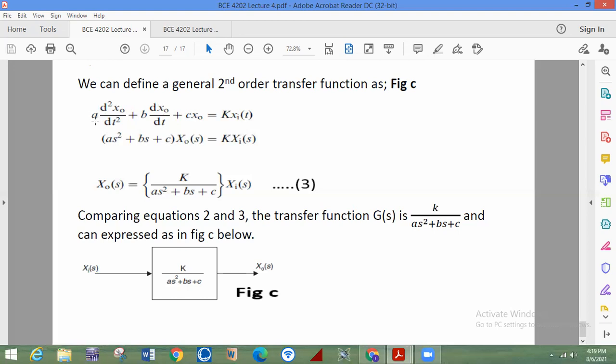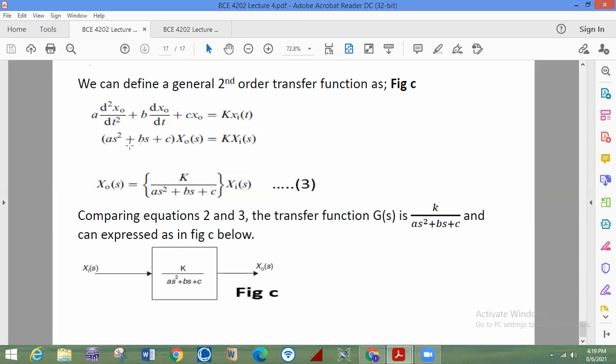Please note that a, b, c are all constants. They can be 1, 2, 3, 4, up to 9, can be 10, 11, 20. So a, b, and c are constants, and x naught is our function, equal to k times xi. Xi is our input function, and k is also a constant.